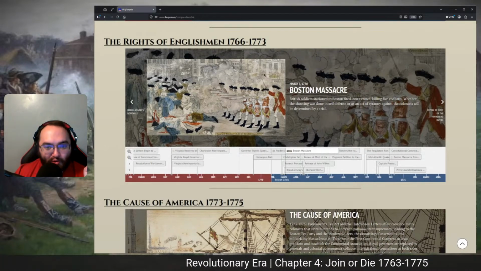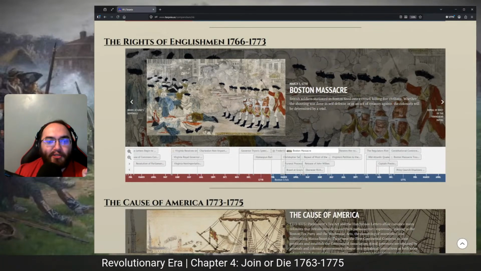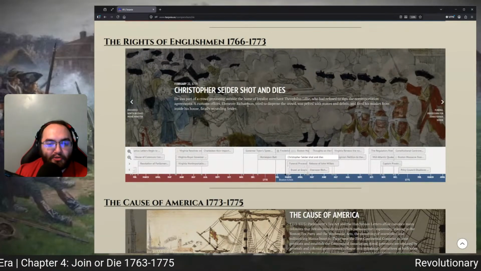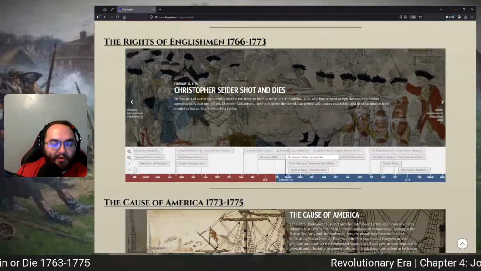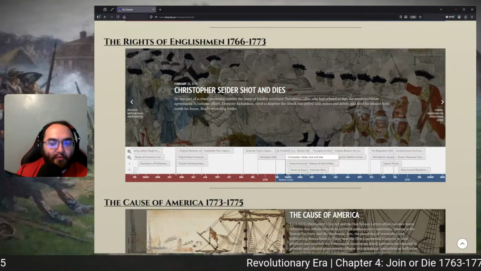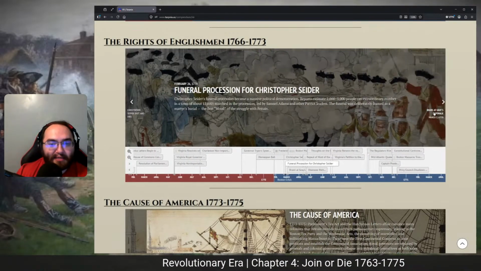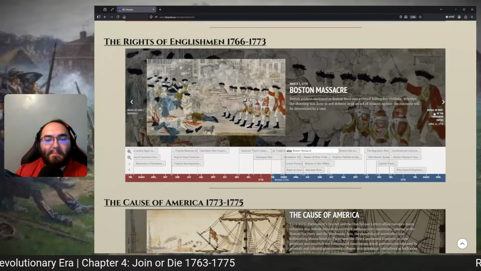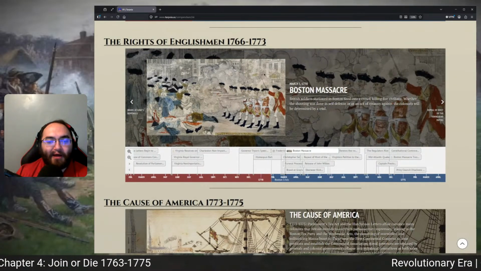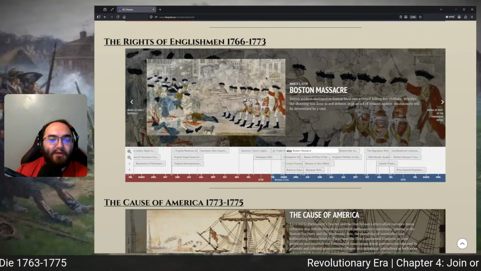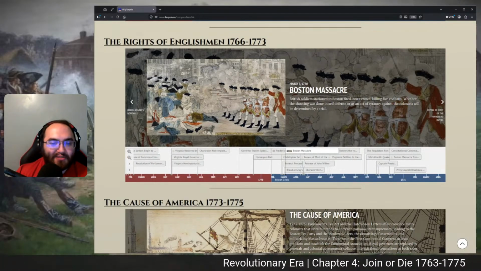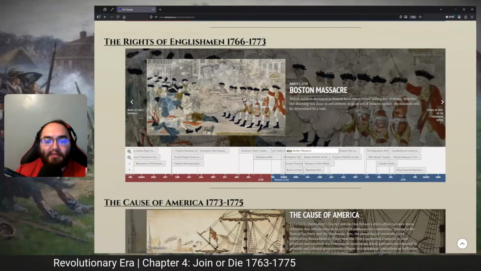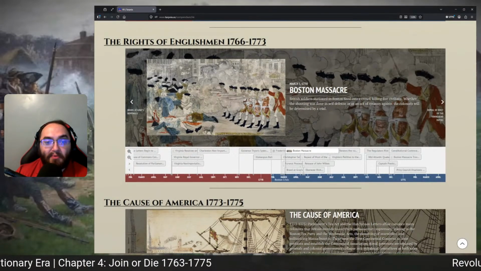This little detail is actually a reference to Christopher Seider, because Ebenezer Richardson was on the second floor and he shot out the window, into a crowd of people, and killed the kid, Christopher Seider. So this is a little detail added by Paul Revere. It's not just the Boston Massacre being depicted, it's also the killing of Christopher Seider in this one image.